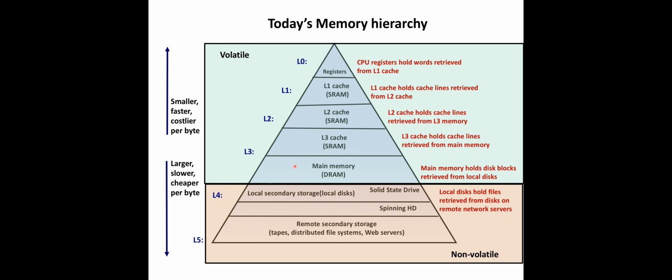And so at this level 3, we have main memory, and then we start seeing different levels of cache memory here. Most modern machines have 3 levels of cache. They use a different technology, which I'm going to talk about in a moment, for cache than they do for main memory.